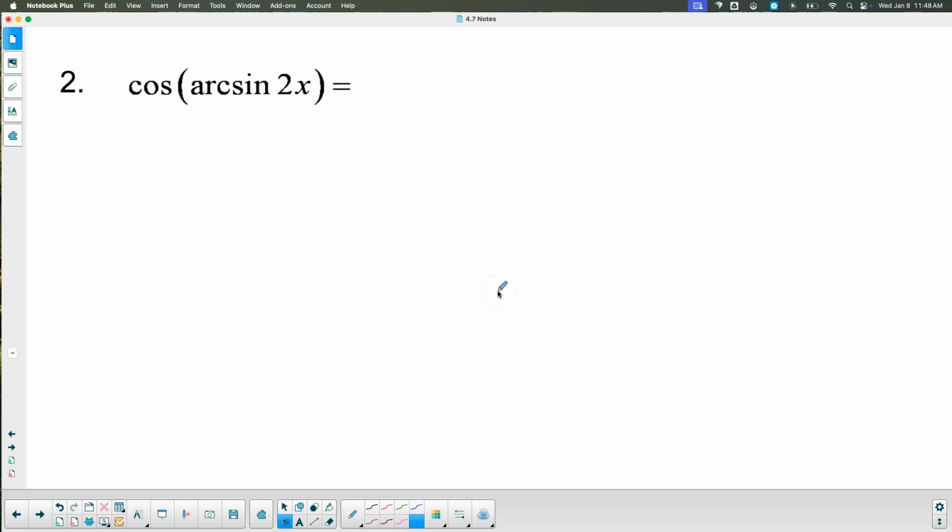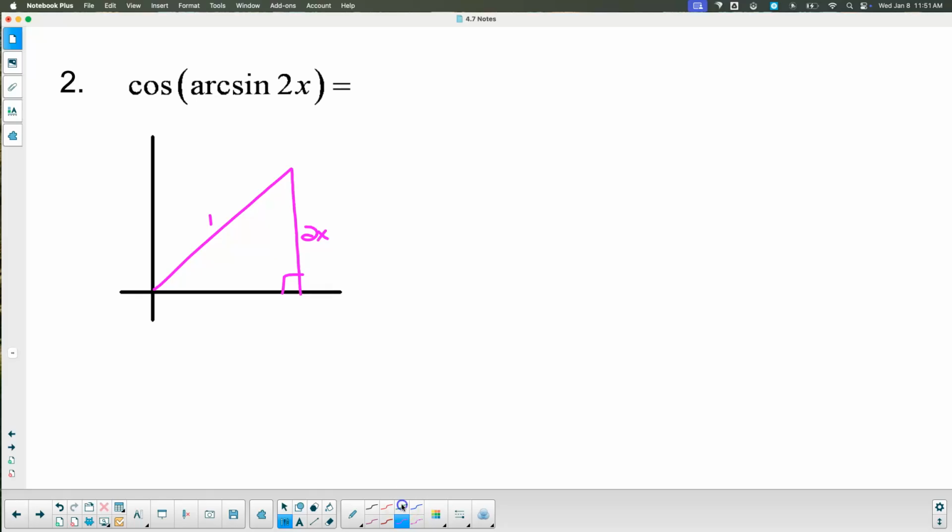You try that one. So sine is opposite over hypotenuse.